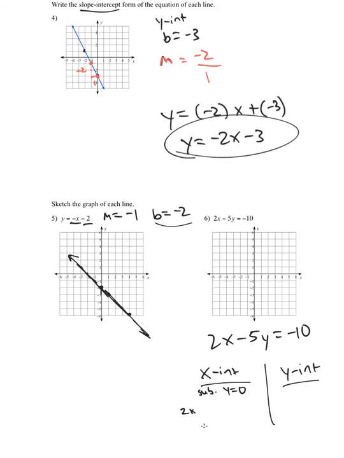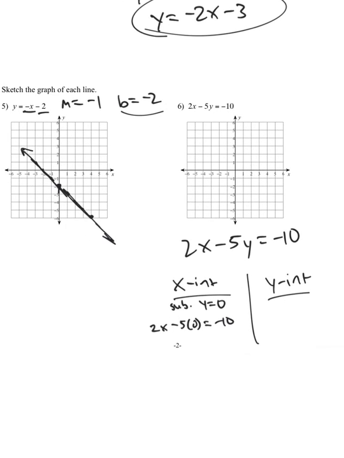So it's 2x minus 5 times 0 equals -10. I have to scroll a little bit. And so this is 2x, guys, -5 times 0 is just 0. So 2x equals -10, or x equals -5. So the x-intercept is -5 on the x-axis.